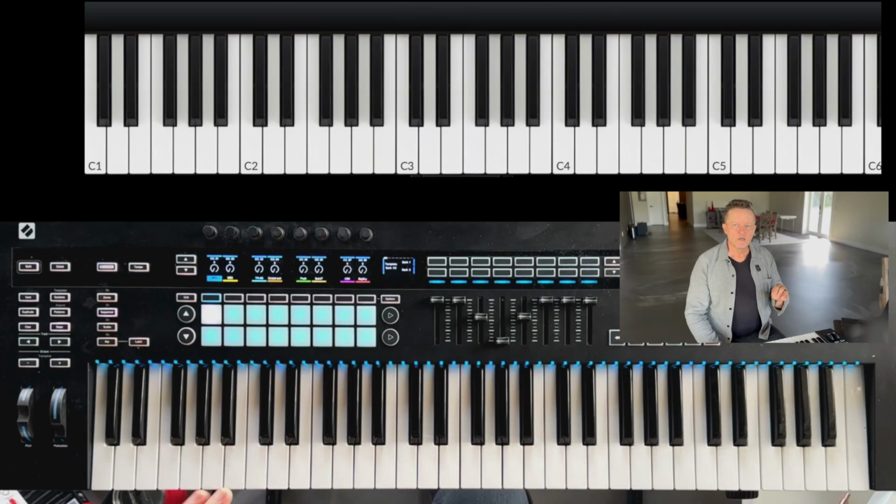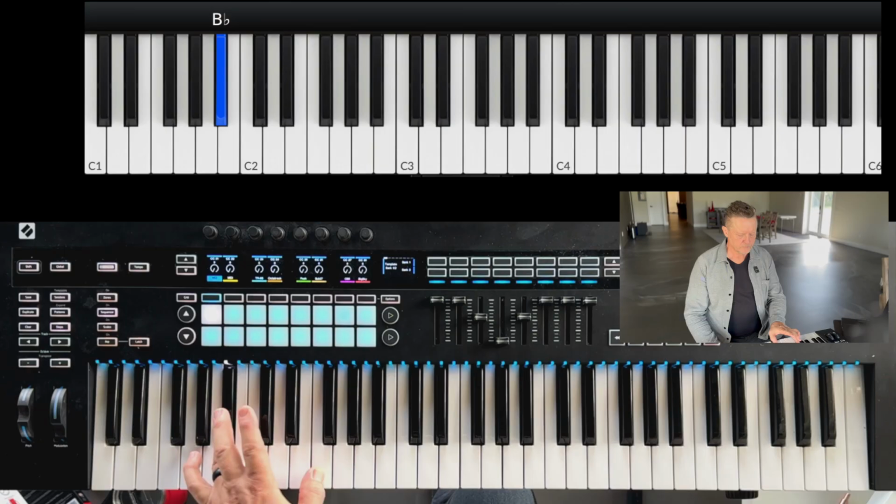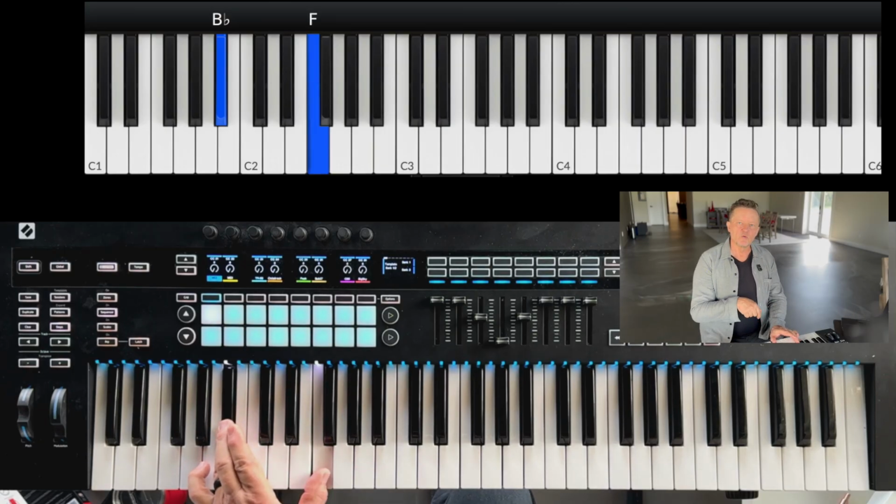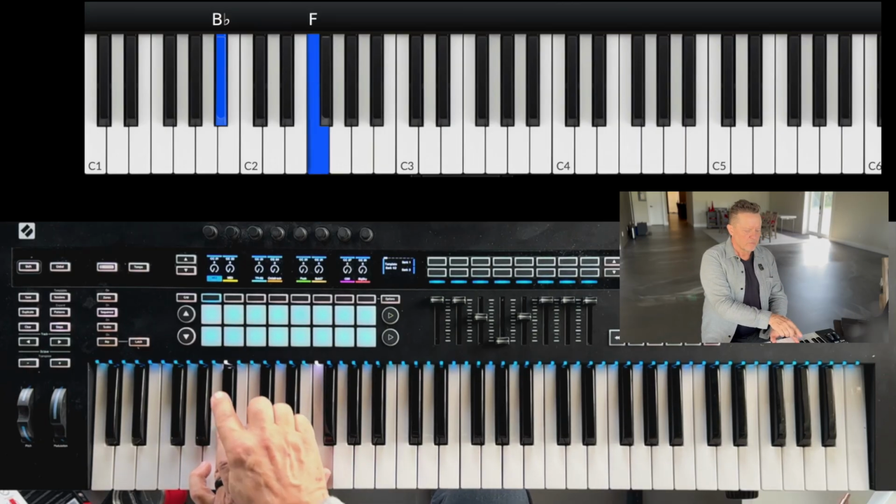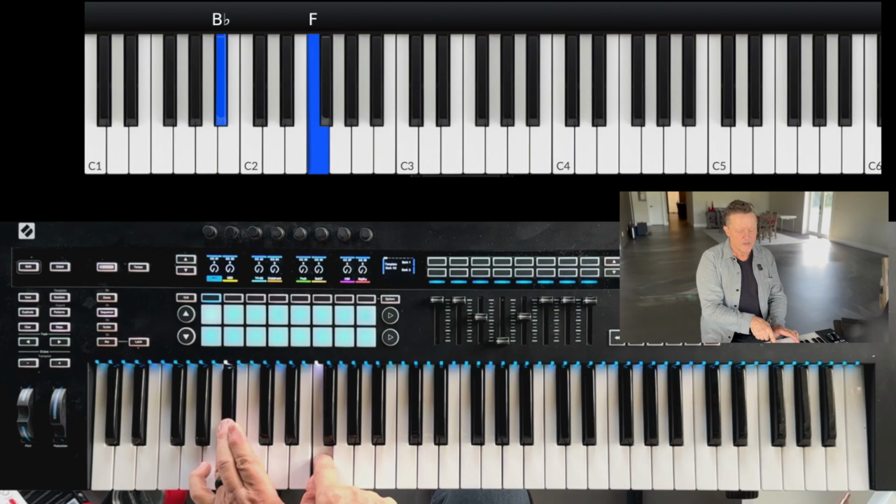And our left hand will be playing this progression. It's a 4 chord, but we will not play the full chord. We will play basically the 1 and 5 of the B flat of the 4 chord.